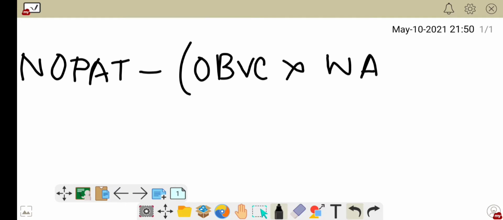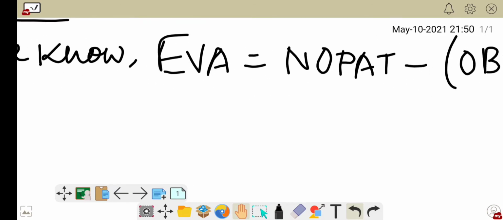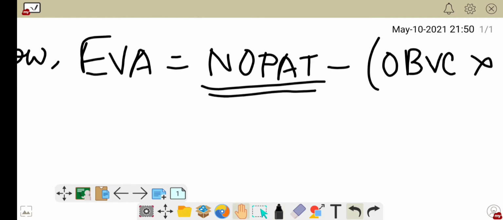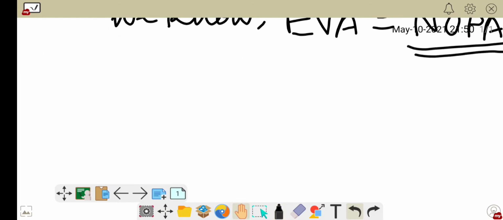So our first job is to calculate NOPAT. We have to calculate NOPAT now, so we'll write it down like that.